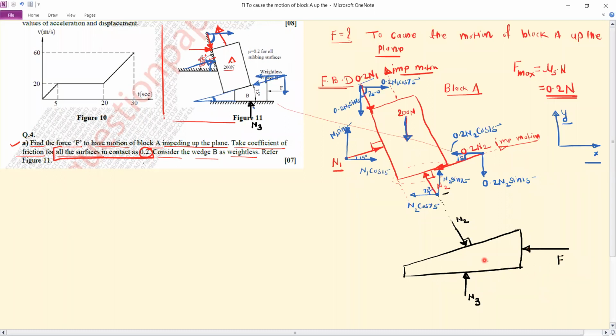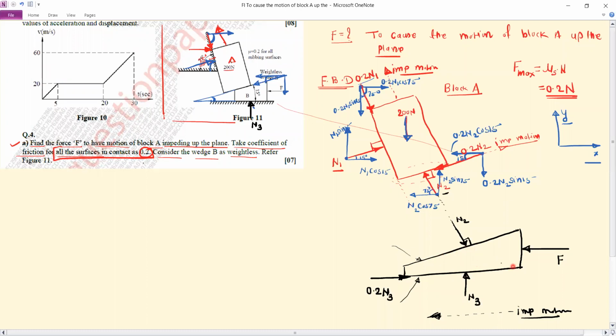Now the impending motion for the wedge is along the negative x direction. As the impending motion is along the negative x direction, at this contact surface, the friction force will be opposite to the impending motion. So this is the friction force, and this value is, the coefficient of friction is 0.2, normal reaction is N3, 0.2 N3. Similarly, at this contact surface, the impending motion is the same.